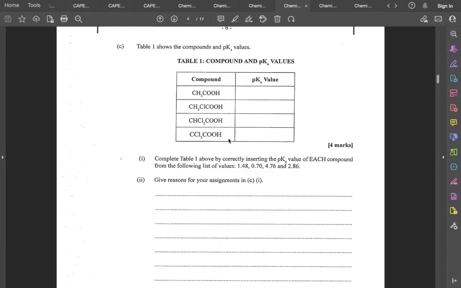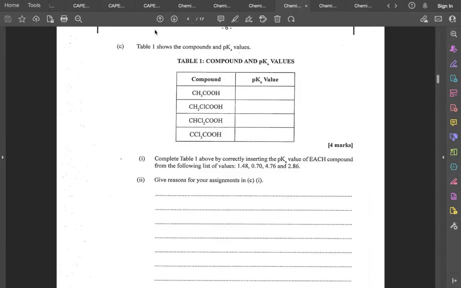And they're saying now, guys, that we have to complete table 1 by correctly inserting the pKa value of each compound from the following list of values. So they give you a list of values for pKa, and what we can notice immediately is that we go from a low pKa all the way up to a high pKa of 4.7.